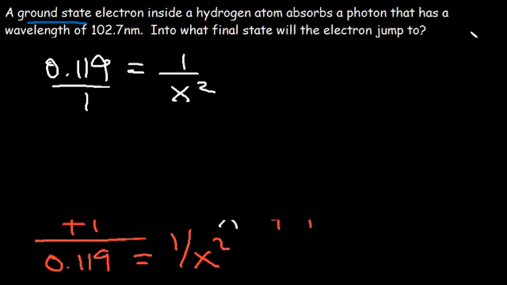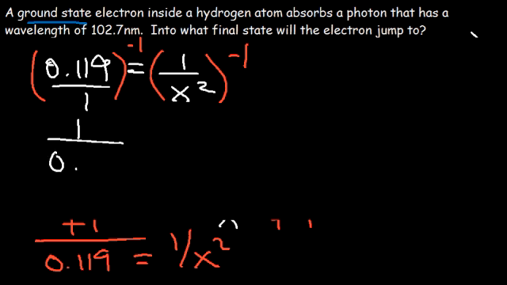So what would you do at this point to solve for x? So let's raise both sides to the negative 1. When you do that, you can flip it. So on the left side, it's going to become 1 over 0.119. And on the right side, instead of being 1 over x squared, it's x squared over 1, which is just x squared. So let's find out what 1 divided by 0.119 is.